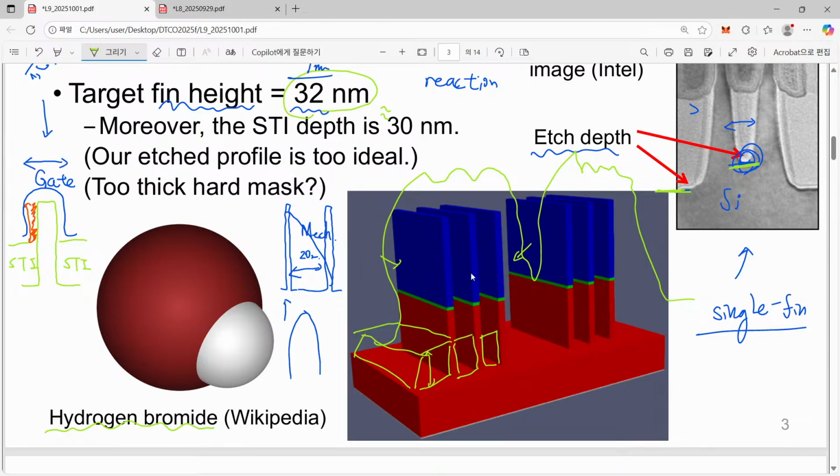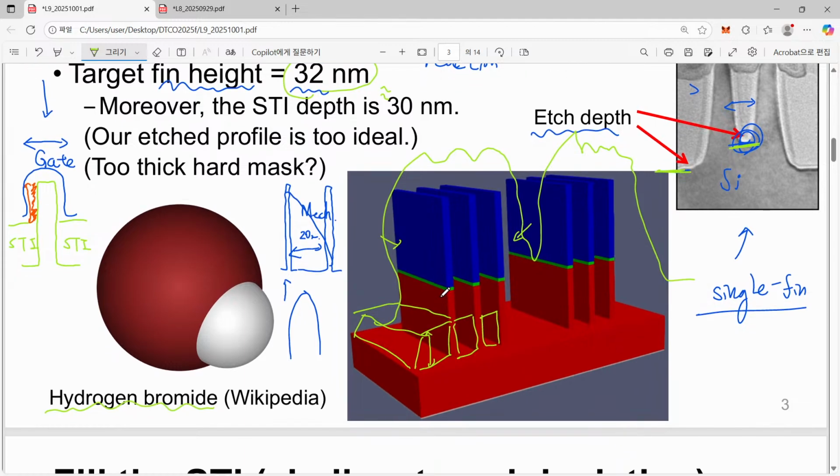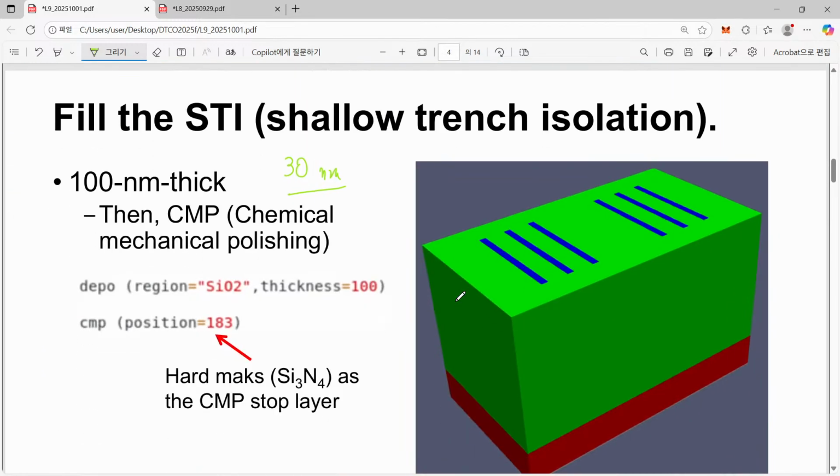So that's the reason why from now on we'll talk about how we can do this job in a more reasonable way. That is, in some sense, quite easy in theory, but not that easy in practice. Here, as you can see, we are just depositing quite thick STI. STI is silicon dioxide.